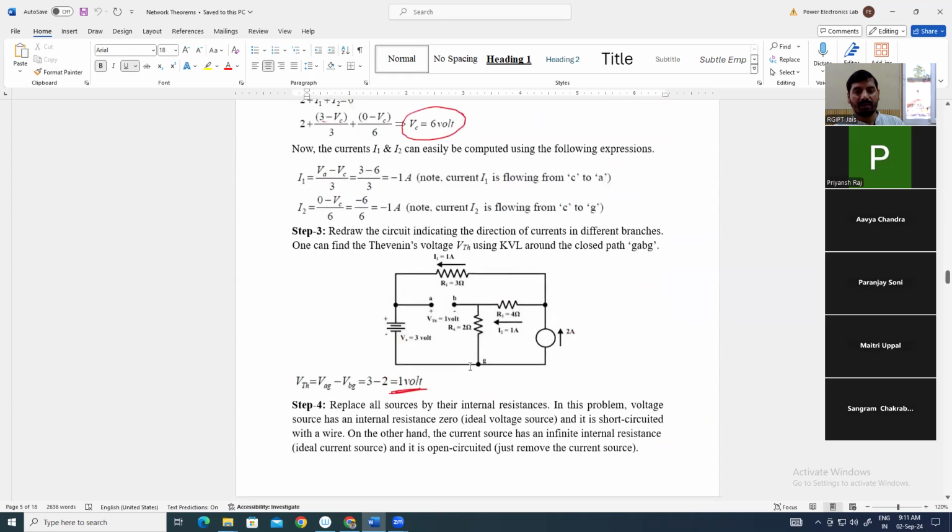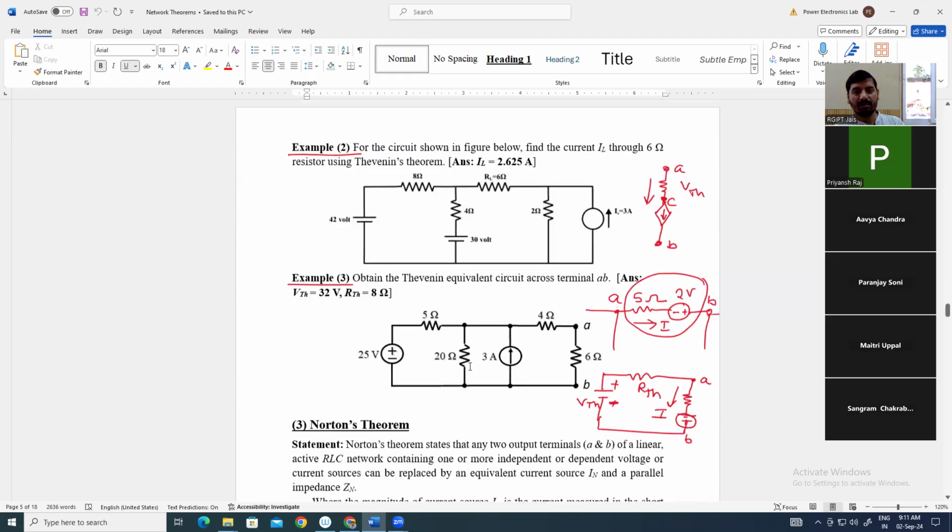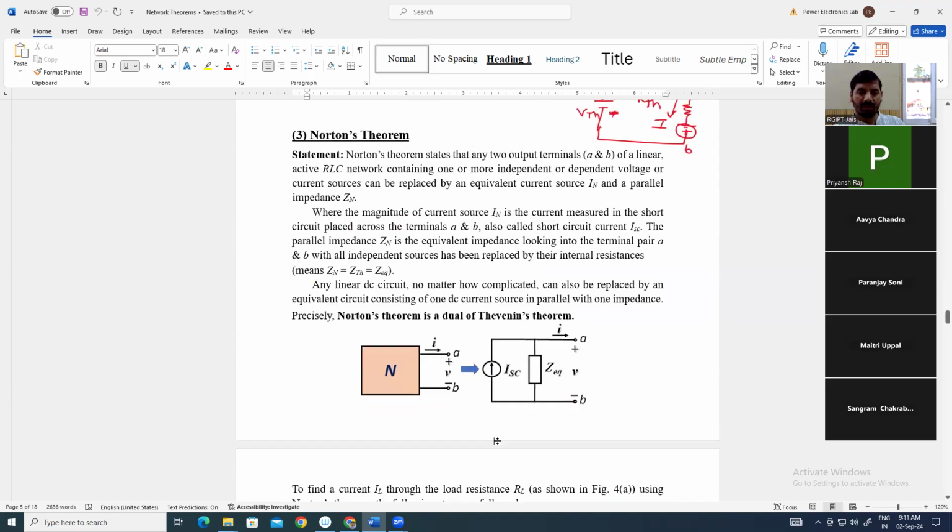Now I will start the next theorem, that is Norton's theorem. Norton's theorem is nothing but a dual of Thevenin's theorem. Dual of Thevenin's theorem means in Thevenin's theorem, between any two terminals of a network, we can replace the whole network by a single voltage source in series with the impedance, okay.